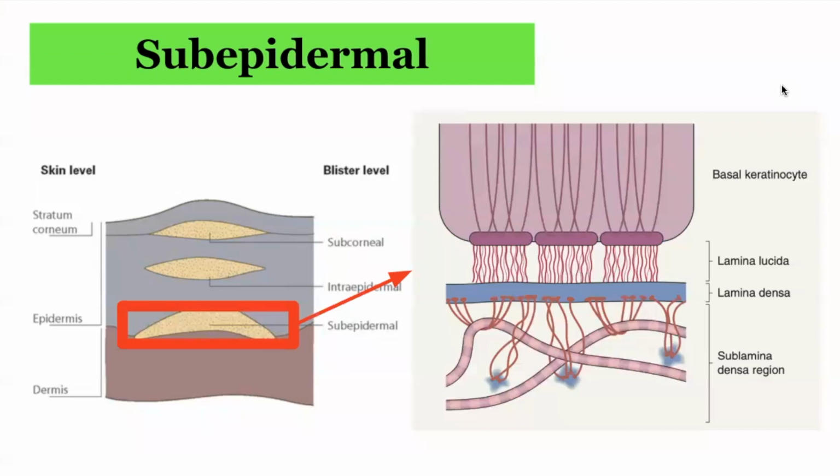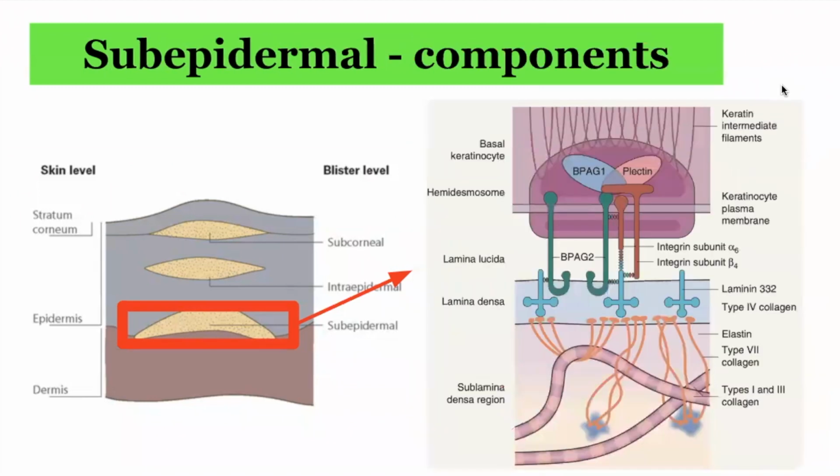The diagram on the right-hand side demonstrates a bit more detail in terms of the sublevels in this area, which includes the basal layer keratinocytes, which are separated from the dermis or subepidermal zone via the lamina lucida and the lamina densa. Within these areas is a very complex set of different molecules which act as potential targets for a variety of different blistering disorders.